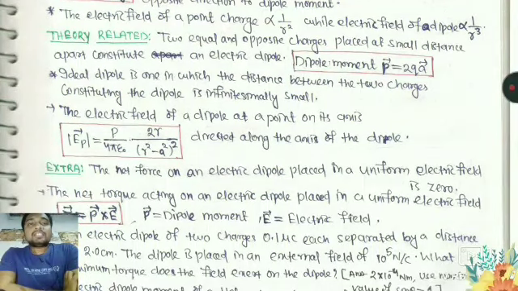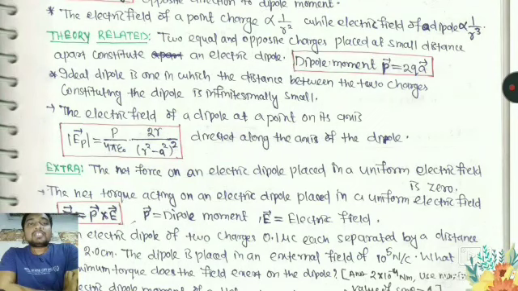And the electric field of a dipole at a point on its axis. Axis means the line joining the two charges, and equatorial means perpendicular to the line joining the two charges. So E P is equal to P by 4 pi epsilon 0, 2y by (y square minus a square) whole square. This is the electric field of a dipole at a point on its axis.